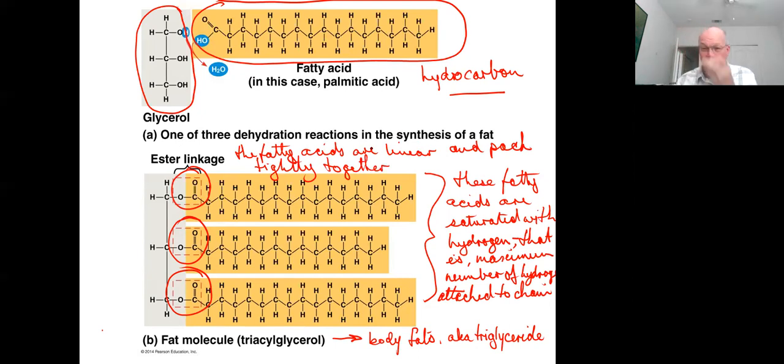And as a consequence of that, they pack tightly together and they tend to be solid at room temperature. So anything that has a large amount of saturated fat in it is going to pack tightly together and it's going to be solid at room temperature. And as soon as you start thinking about fats that are solid at room temperature, likely the one that comes to mind is butter.